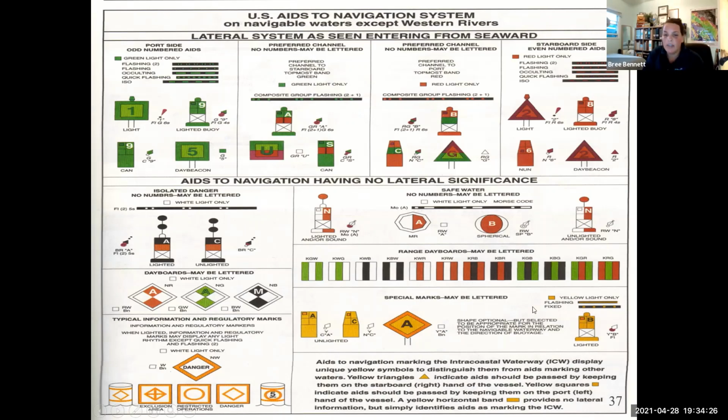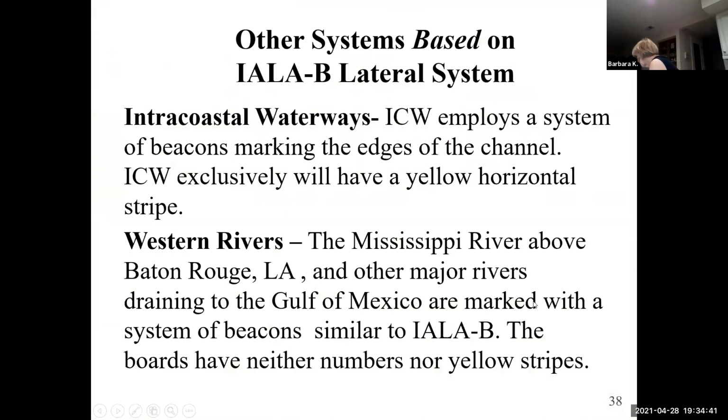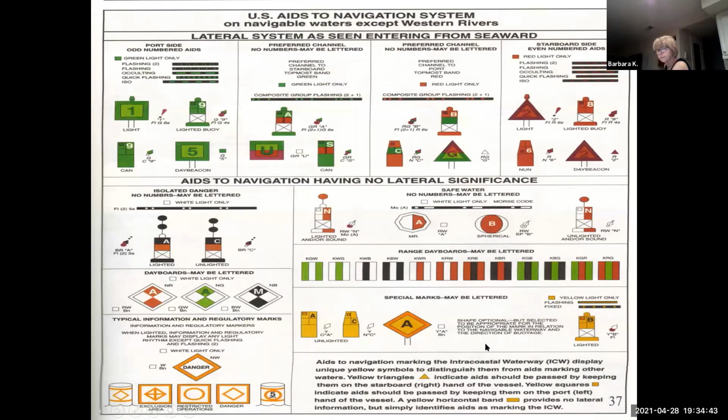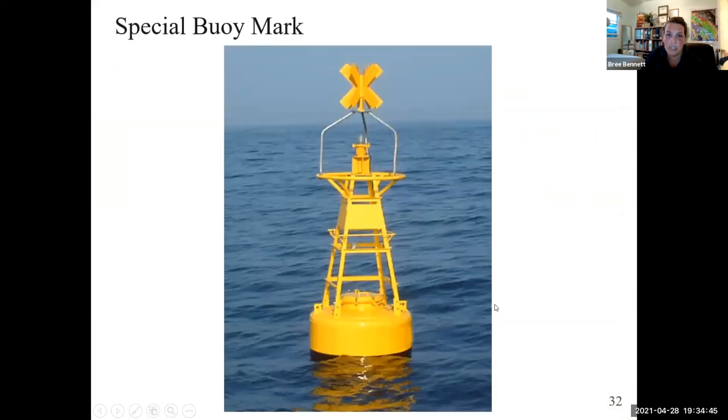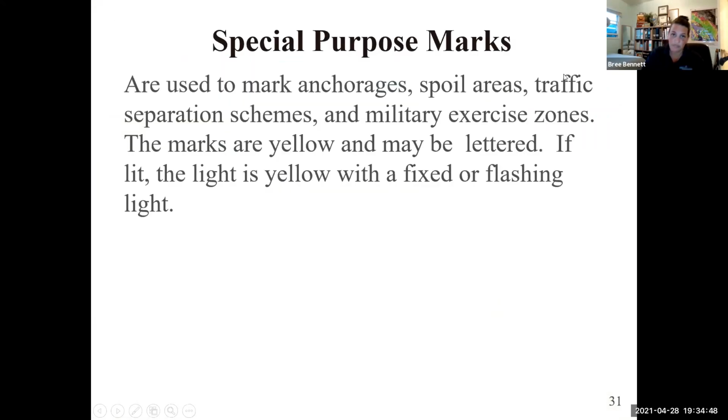It's not giving a direction of the buoy. I'm going to say it's not really giving you keep it to the right or keep it to the left. It is a special buoy.